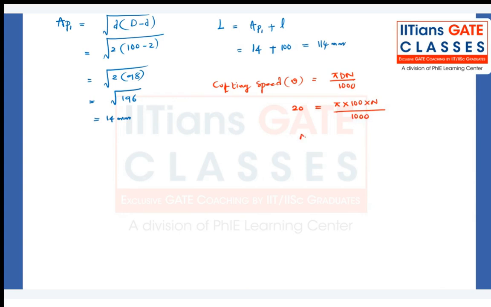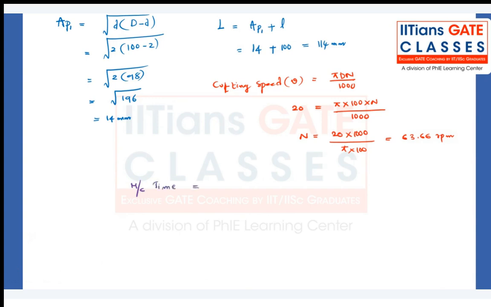So I can write n is equal to 20 into 1000 divided by pi into 100. If I solve this, I get 63.66 RPM. Now our final objective is machining time.